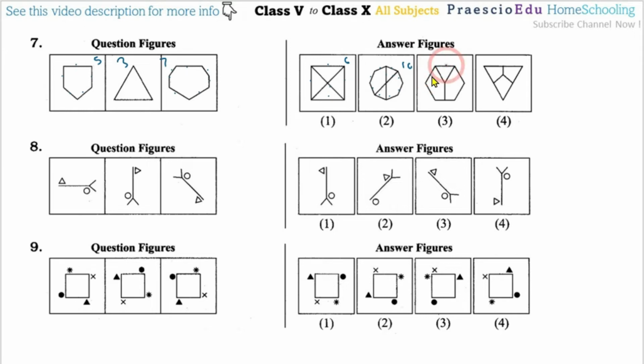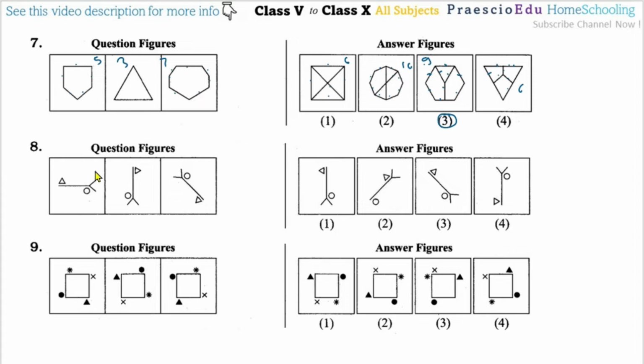Here 1 2 3 4 5 6 7 8 and 9. So here 9, an odd number, comes. Here 1 2 3 4 5 6, so here 6 lines are there. So that's why, odd number means option number 3 is the correct one.